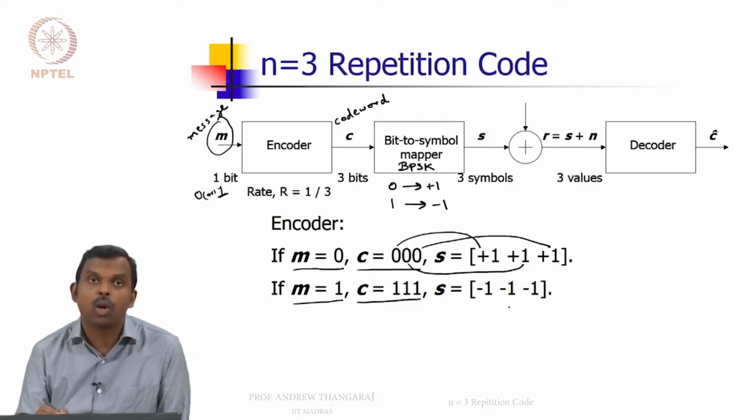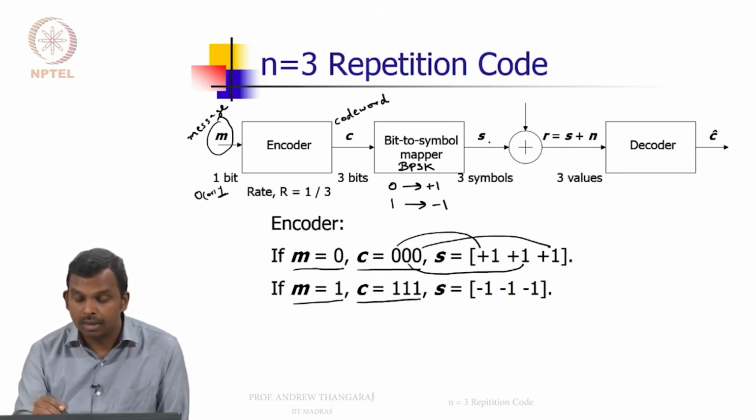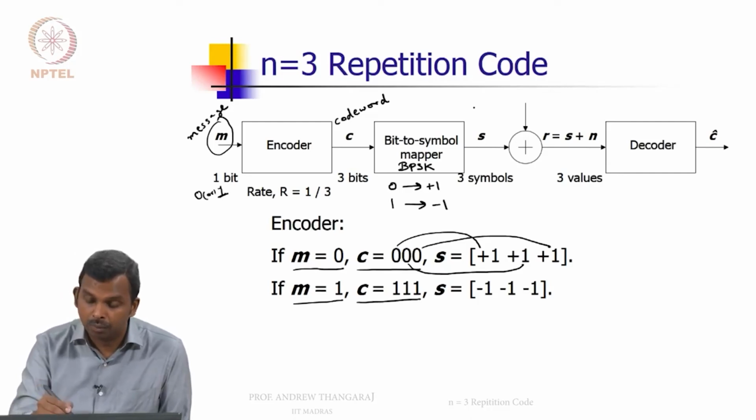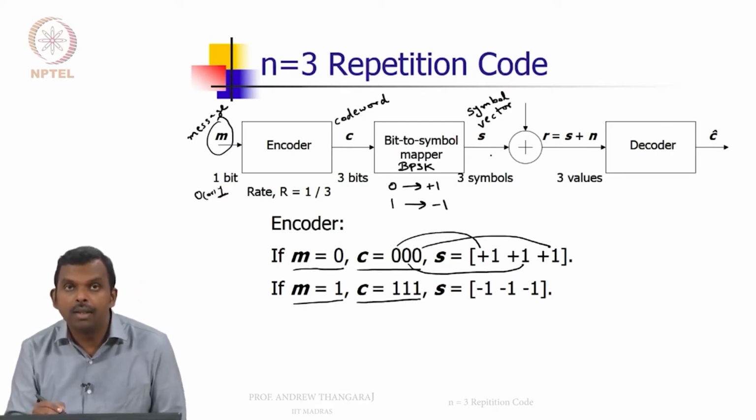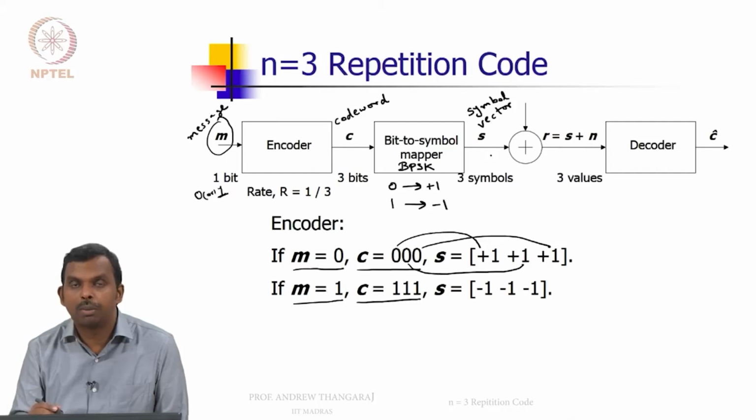Likewise for 1, it goes to -1. So, the symbol vector S is a vector of length 3. This vector could be +1 +1 +1 or -1 -1 -1.